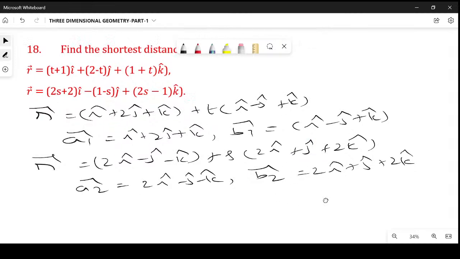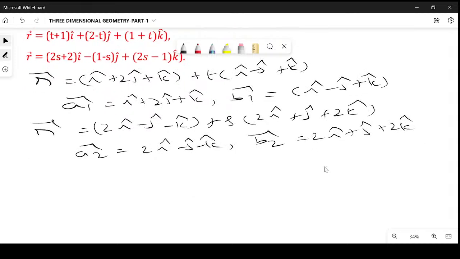To find the shortest distance, I can write this. You can see now, B1 bar, B2 bar. What is A2 bar minus A1 bar?